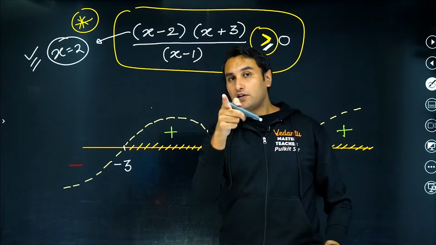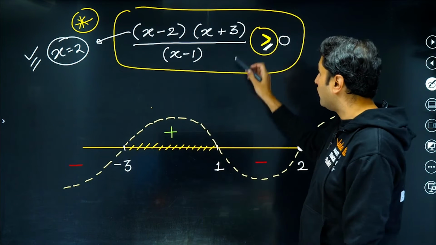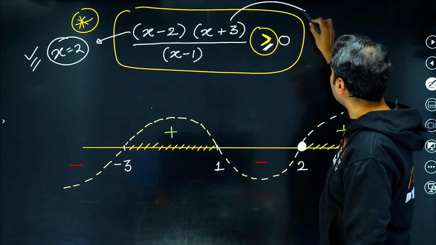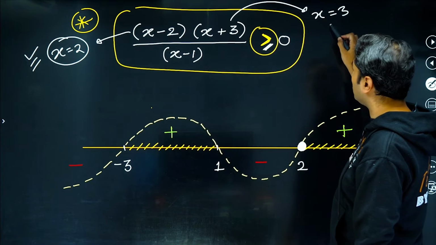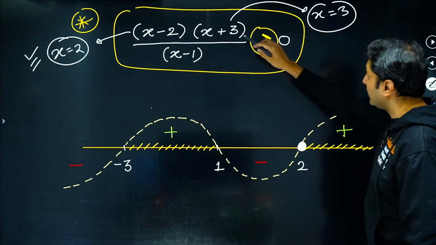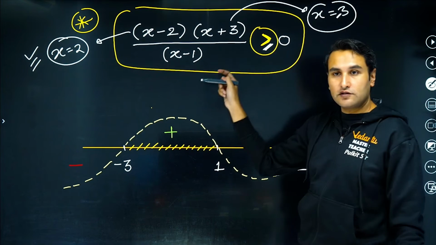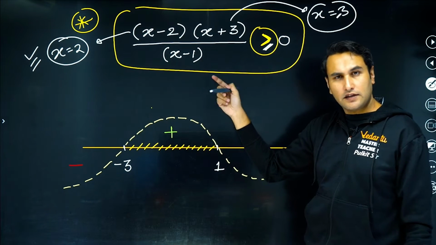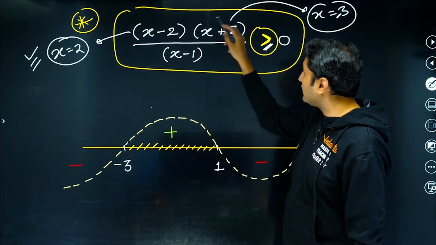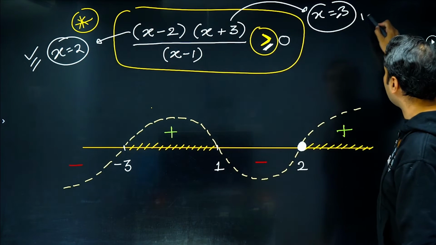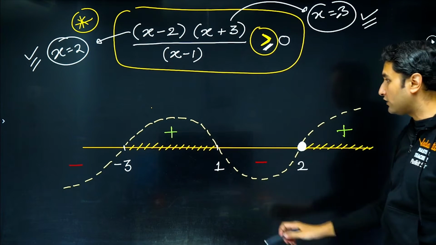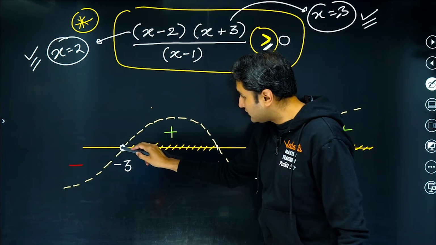So at 2 there will be a closed bracket. Now, can I include x equal to minus 3, sorry, my bad. Are you okay with x equal to minus 3? Yes, because the numerator becomes 0 and the entire expression becomes 0. So include minus 3.